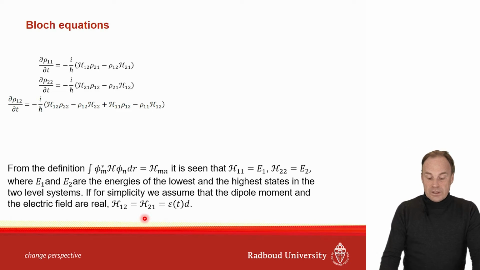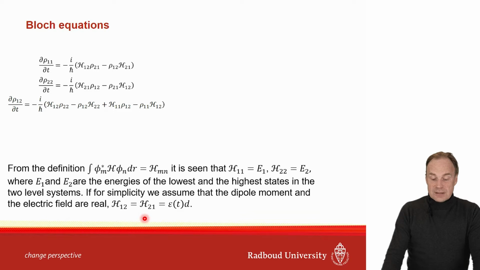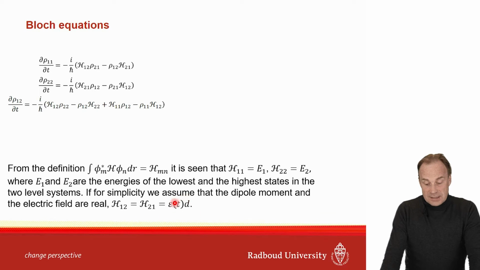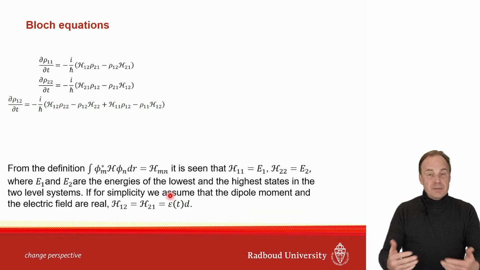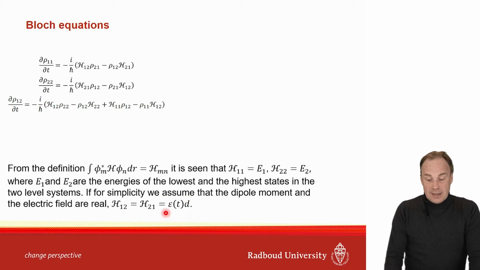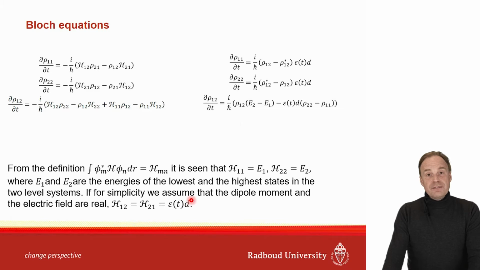For simplicity, we assume that the dipole moment and electric field are real quantities. That's why we don't need to use the complex conjugate here, which would be more general because the Hamiltonian is a Hermitian matrix too. But in this particular case, we assume they are real, so this treatment gets a little bit easier. Now we can express the very same equations in the form of physical quantities.